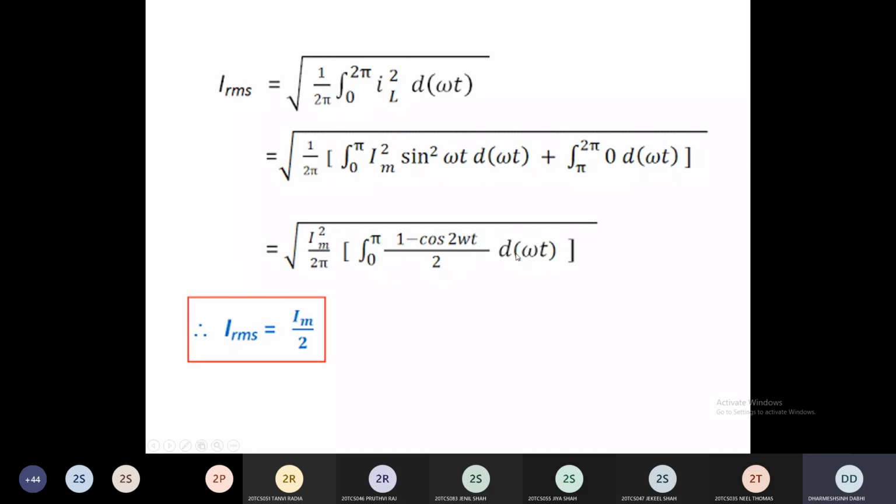If you take integration with respect to dt, with respect to time, then it is sin 2 omega t divided by 2 omega. Clear? But here it is with respect to d omega t, so it is sin 2 omega t divided by 2. Now simplify this and give me the answer of IRMS value. You get this Im by 2 or not? Check it.